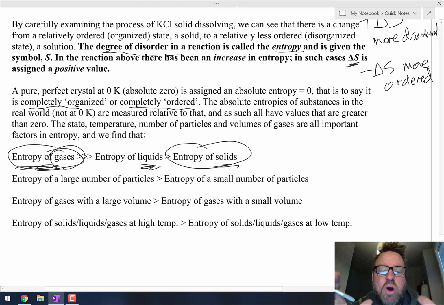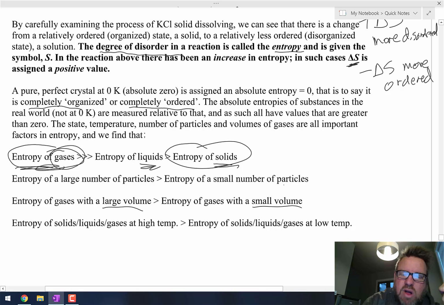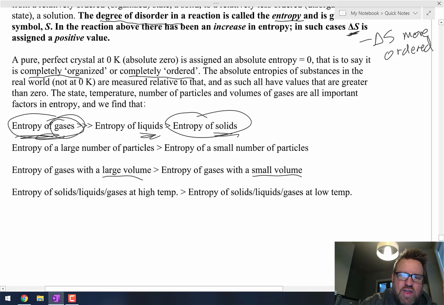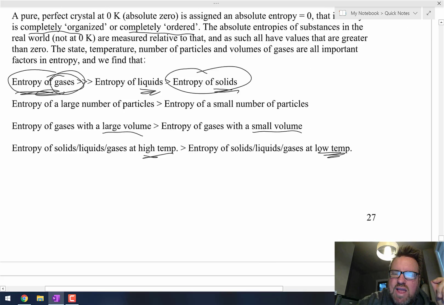If you have more particles versus fewer particles, there's more disorder there. Again, that leads to a more positive delta S. If you have a large volume versus a small volume, the molecules can move around more. That means you're going to have a larger entropy, a more positive delta S. And then things at a higher temperature have more energy. If they have more energy, they have more entropy than things at a lower temperature.